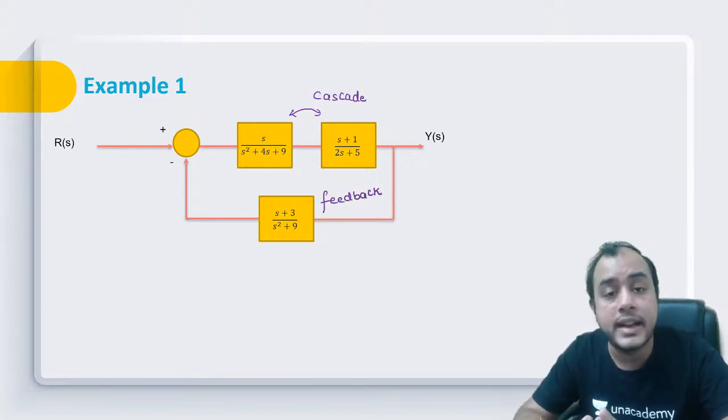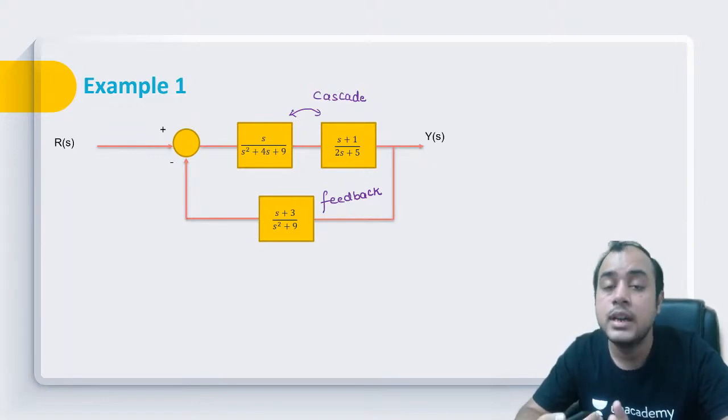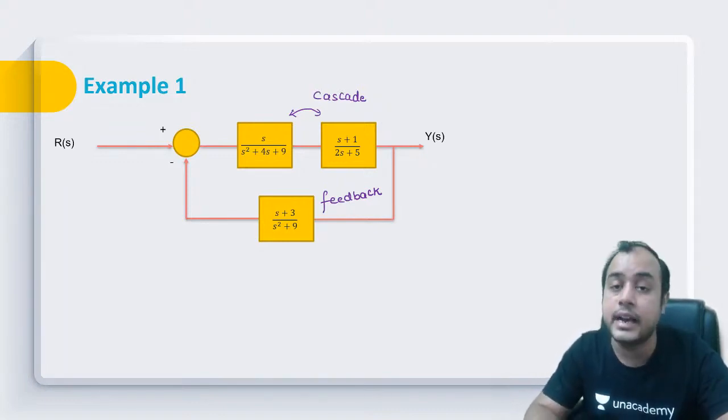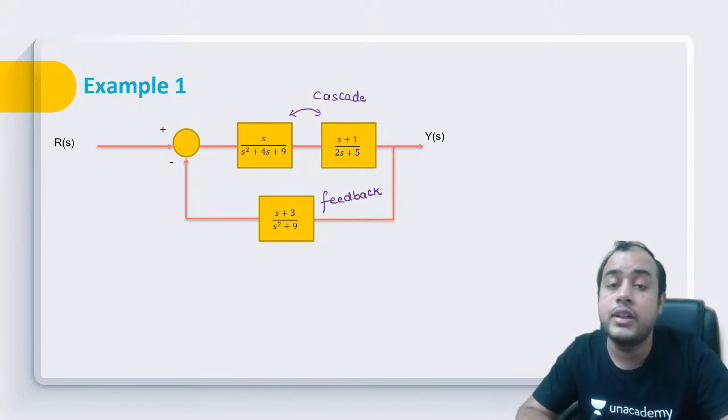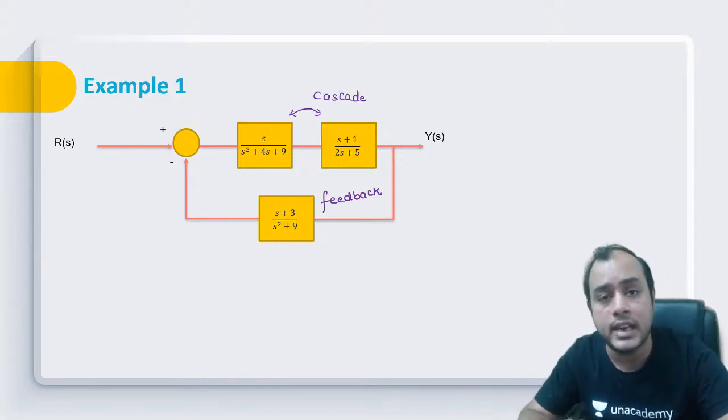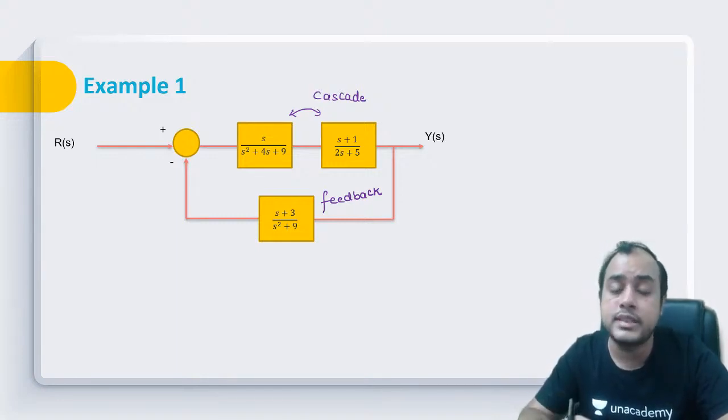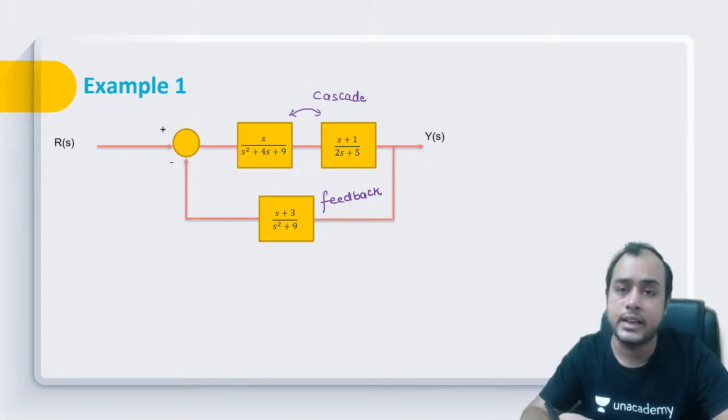Now I know this might sound very simple to you, but before we do any complex example, guys, to learn a software we must do very simple things, because once we are able to do simple things in a software, then it just is a matter of time when you can increase the complexity of the system. You need to add more elements, you need to add more summers, takeoff points, all these kind of things.